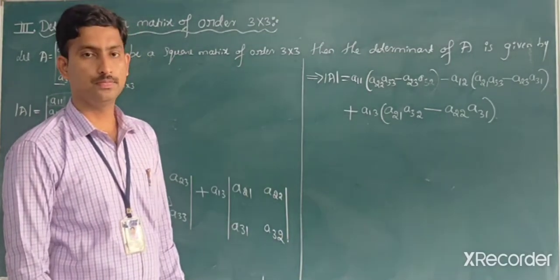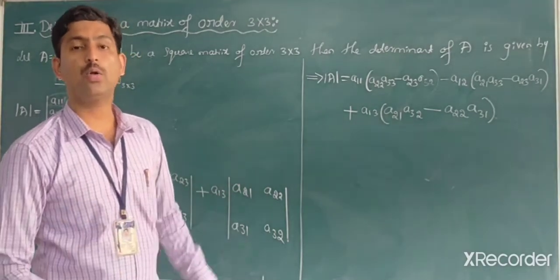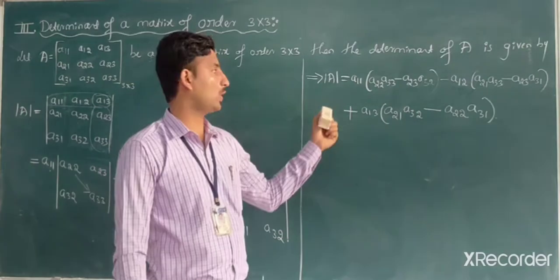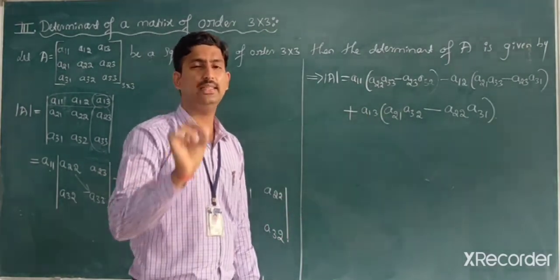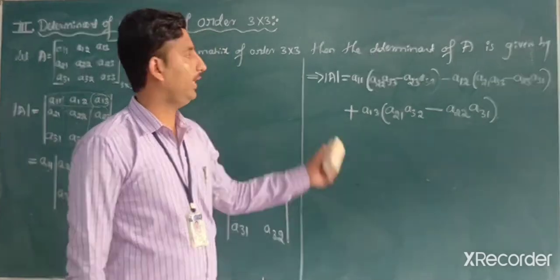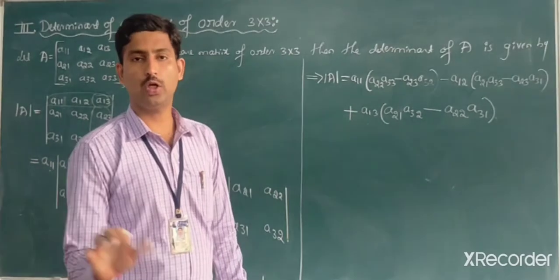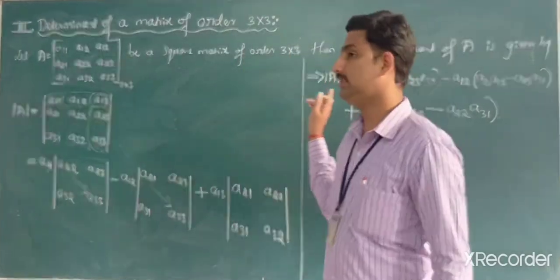Dear students, watch this type of video in some other context. Why? Because this is very important. The whole topic of determinants is based on this type of calculation. If we make any mistake while solving the problem, then your marks will be lost. Correct? Therefore, while studying the determinant topic, this is very important.